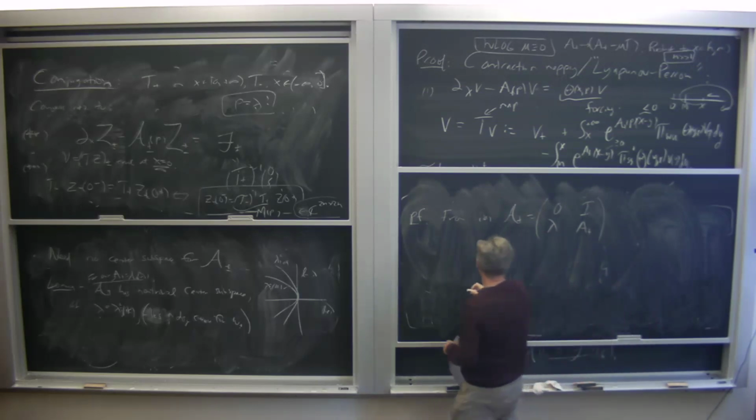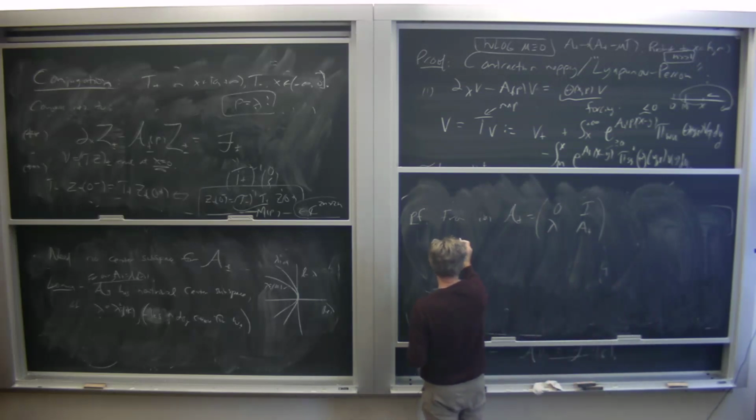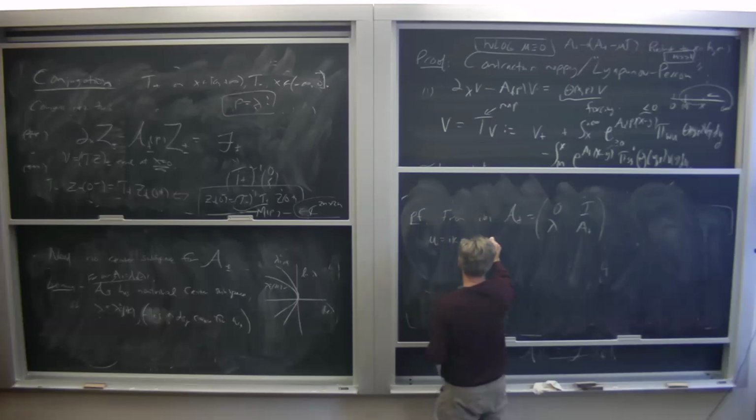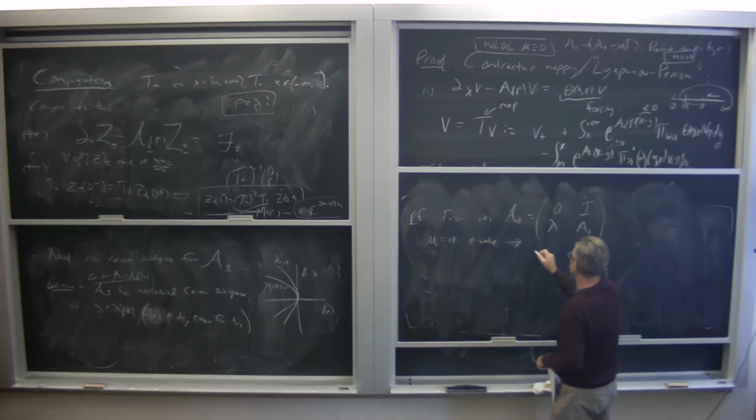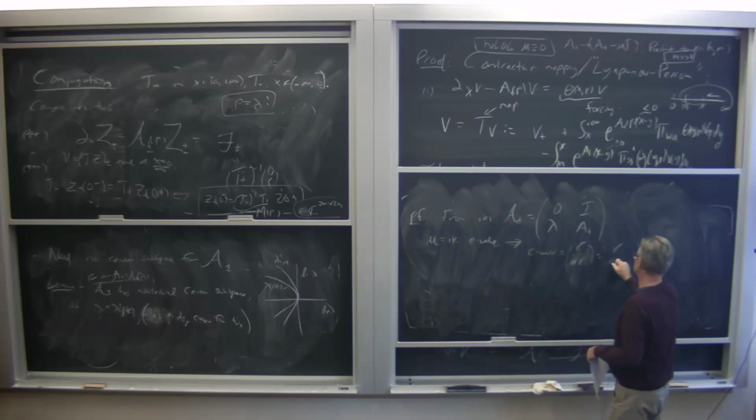And so if we have an imaginary eigenvalue, that means that the eigenvector is equal to R, mu R. How do I know that?